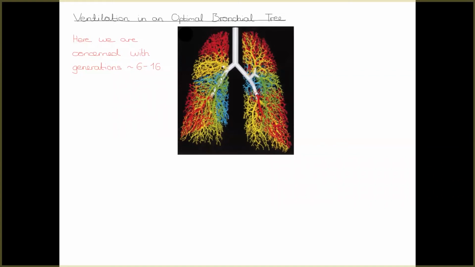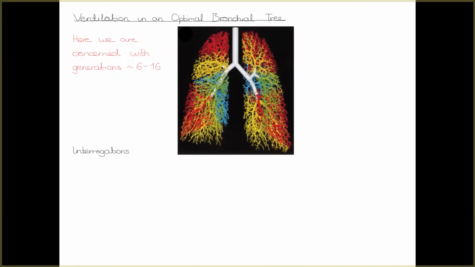We're not talking about that one. But everything that follows beyond generation 6 up to 16, that's now under investigation. And we have seen when we looked at the Reynolds number that beyond about generation 4, 5, the Reynolds number is small enough that we have laminar flow. So therefore we can use Poiseuille's law in order to compute the resistance as a function of the mass flow.